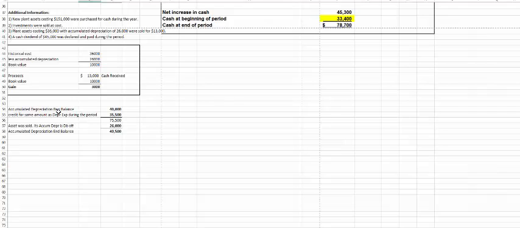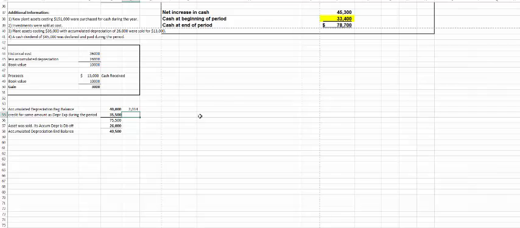There was a beginning balance of $40,000 at the end of 2014, so this would have been our beginning number for 2015. During the year, we had recognized depreciation expense of $35,500 per the income statement.